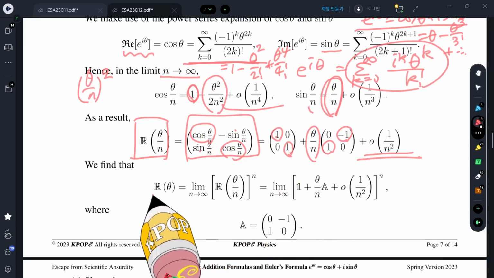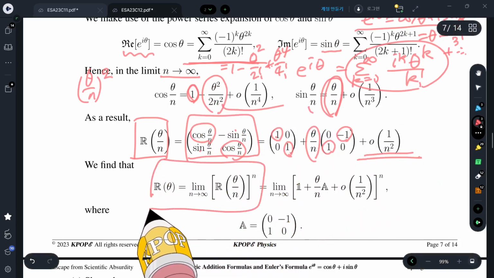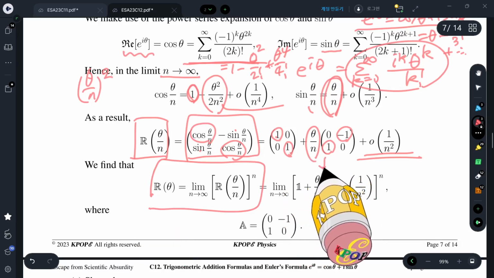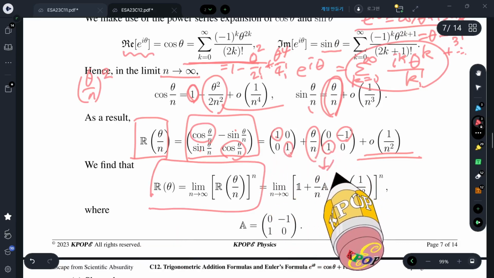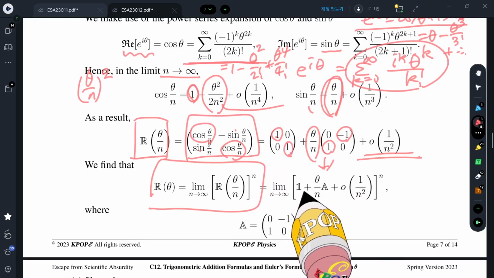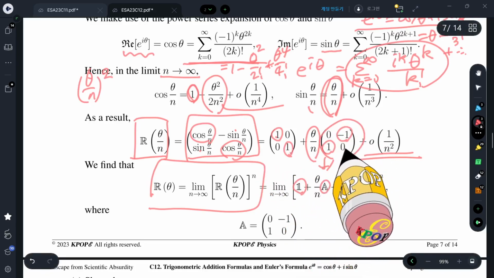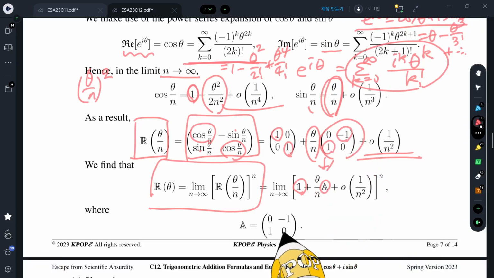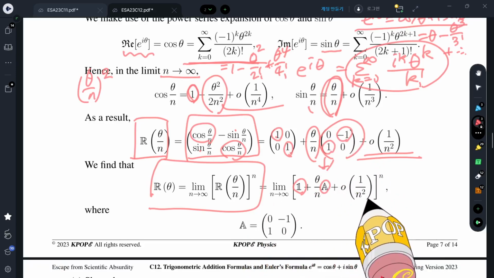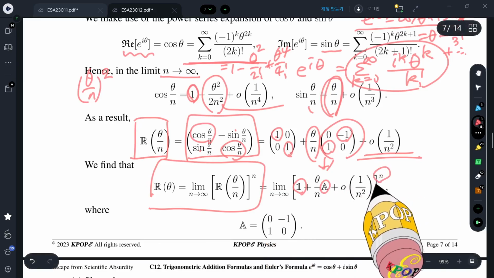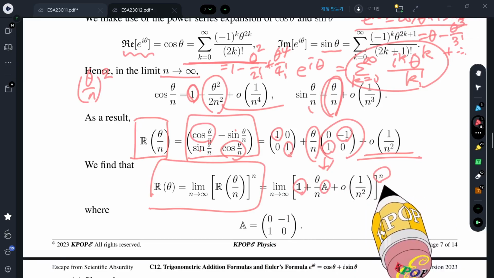So this was the identity, and then we copy this identity matrix in here, and this is theta over n, and this A is nothing but this matrix, and then an additional matrix. And then we take the power, n goes to infinity.